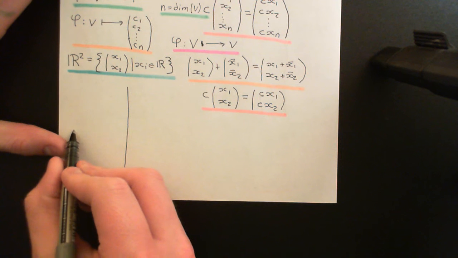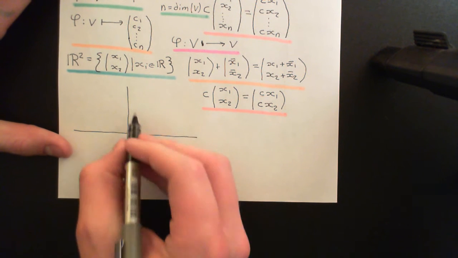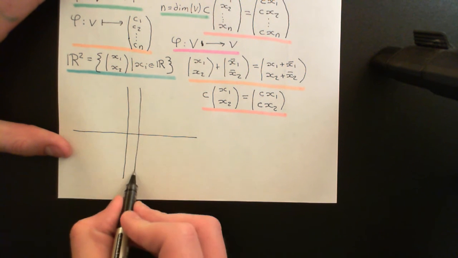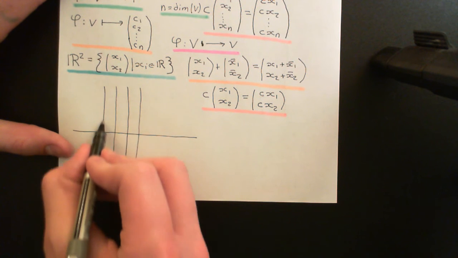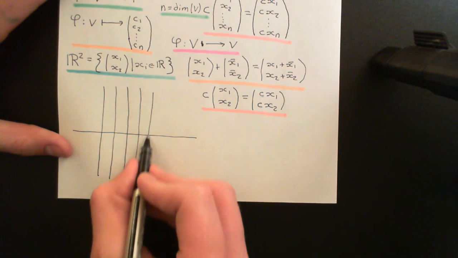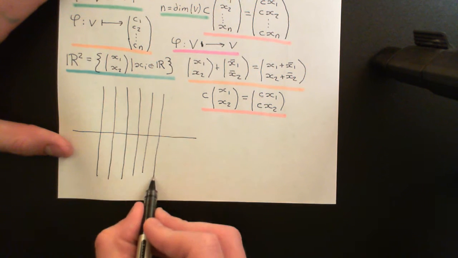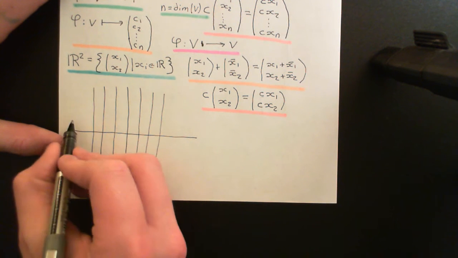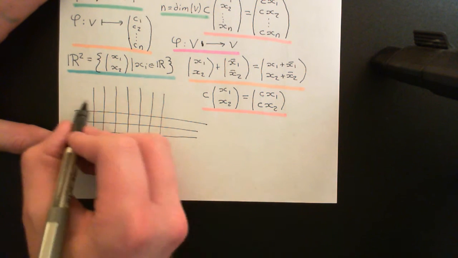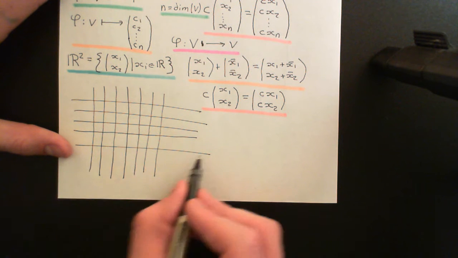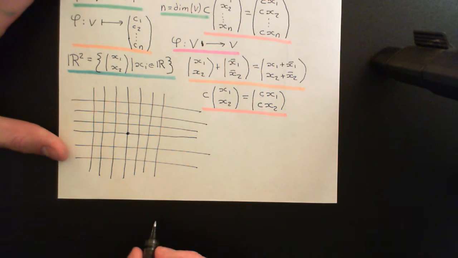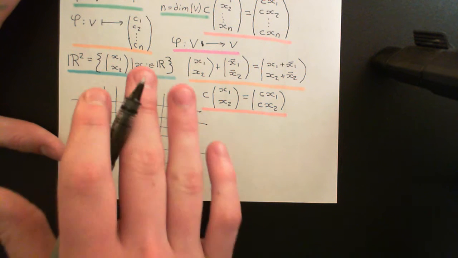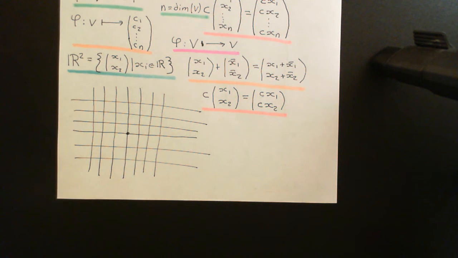We can take this two-dimensional grid like so. I won't draw too many of these lines, I'll just draw a few more. So here's my two-dimensional grid, and here is the origin. Now what we can do is associate the vectors in this vector space R2 with points on this grid.